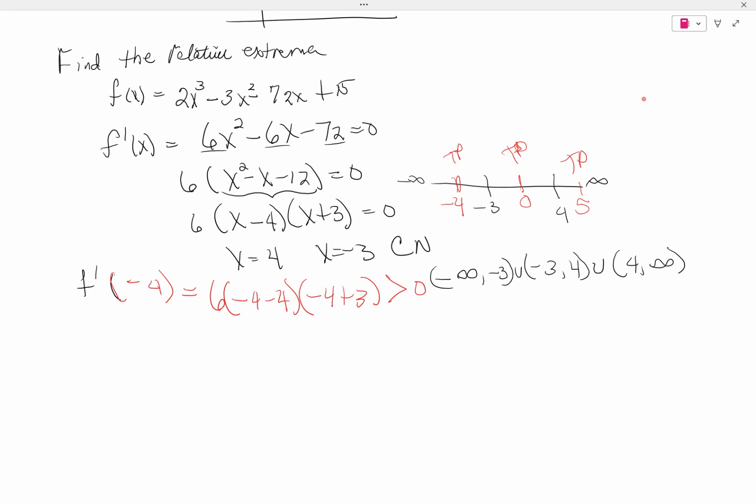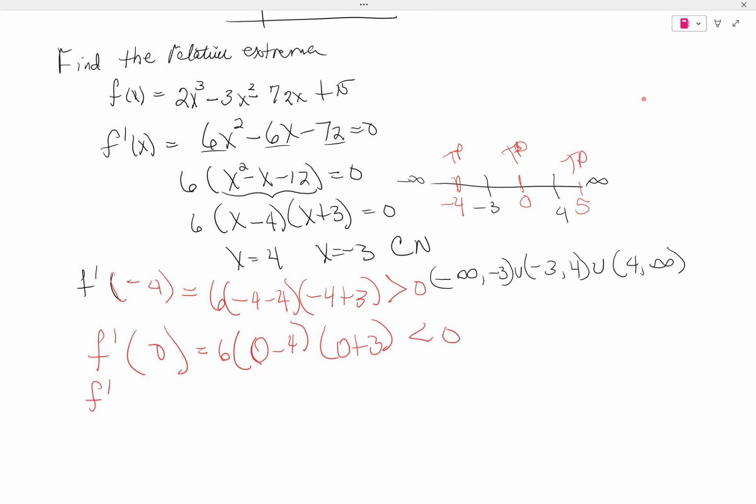If I do the first derivative and I try 0, I end up with 6 times (0 minus 4) times (0 plus 3), and that gives me a value that is less than 0.